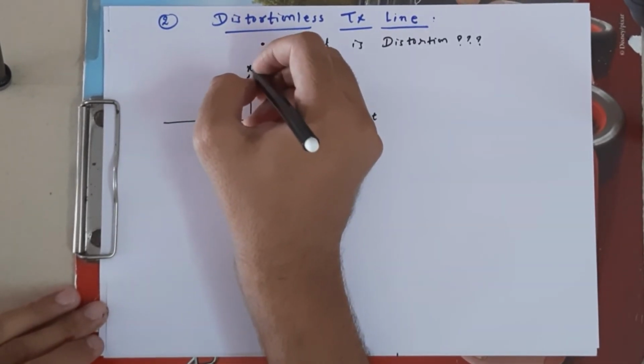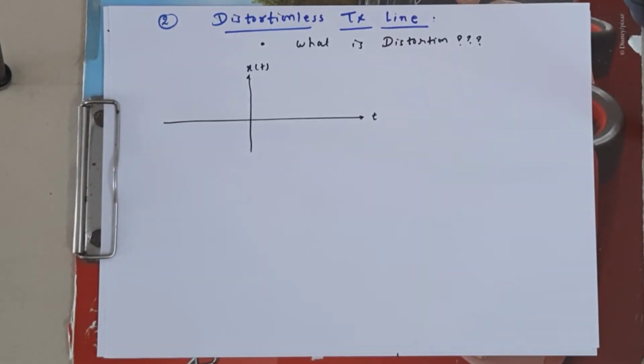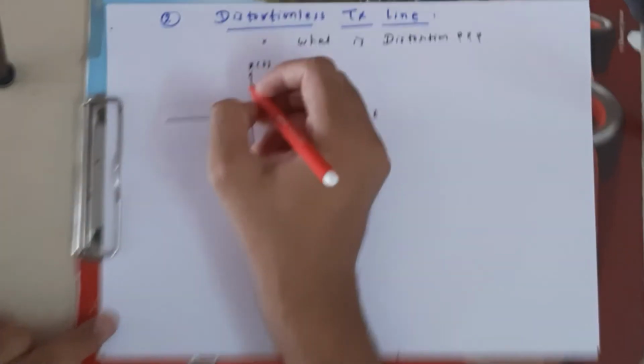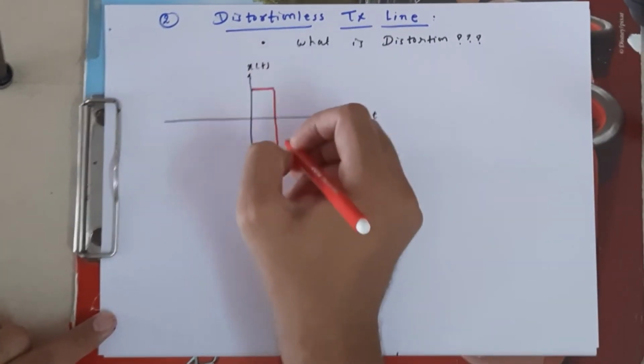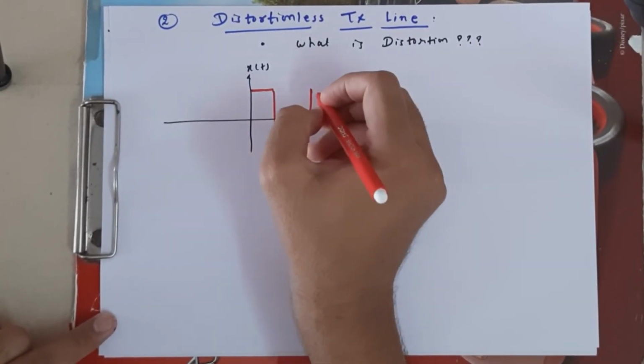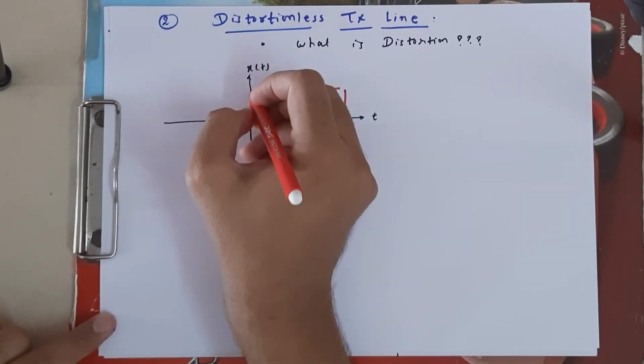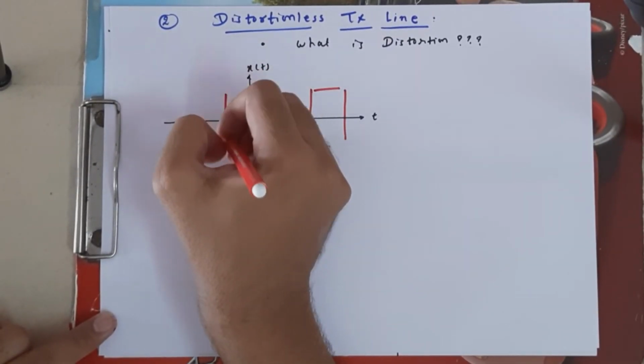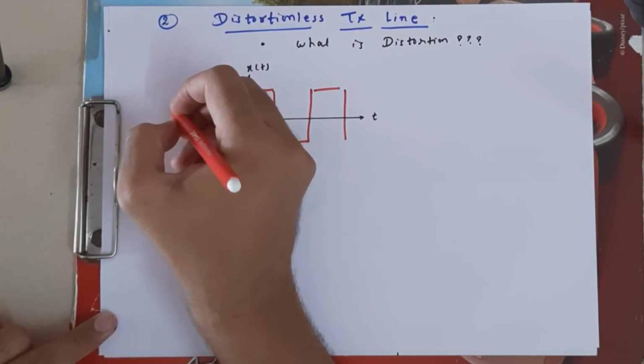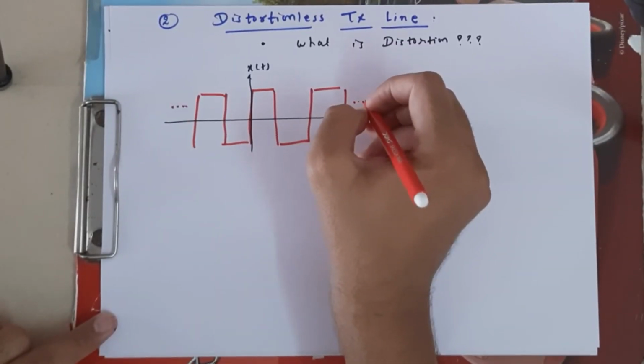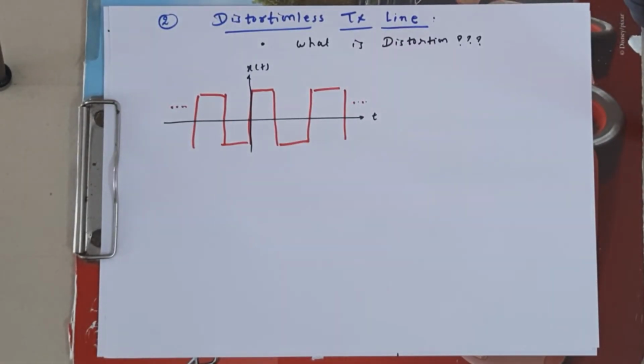So suppose this is x of t, and this one is my square wave, with certain time duration. It is a periodic signal. We have to assume it's periodic.